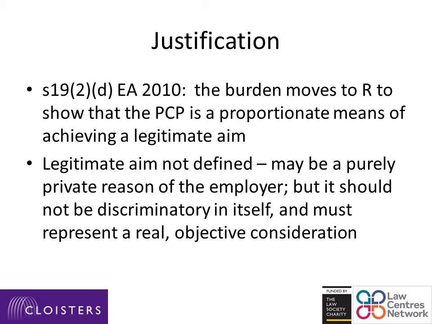So in comparison with age discrimination justification of direct discrimination, the aims in this context of indirect discrimination can be purely private reasons of the employer. In the case of direct age discrimination justification, they have to have a public interest nature to them.